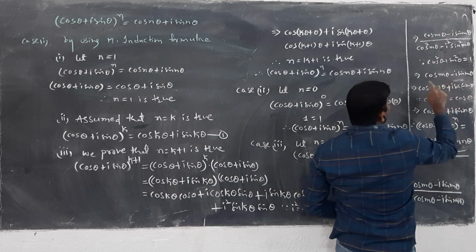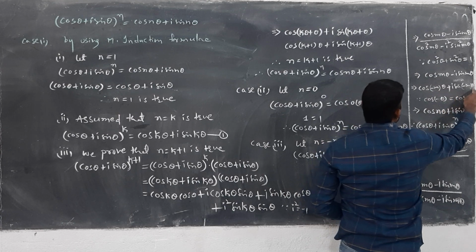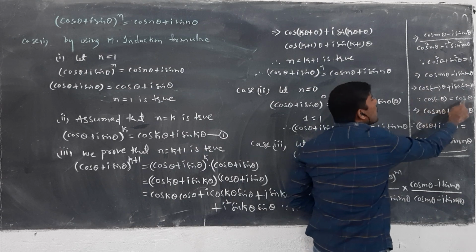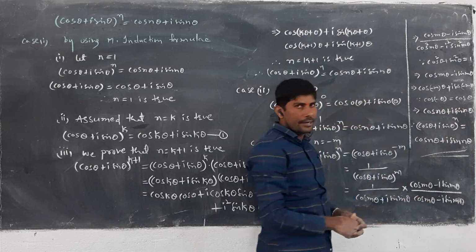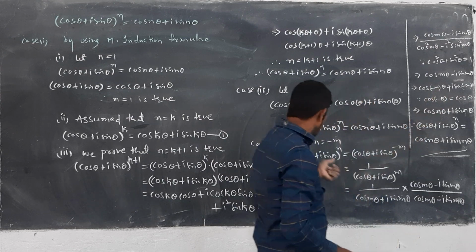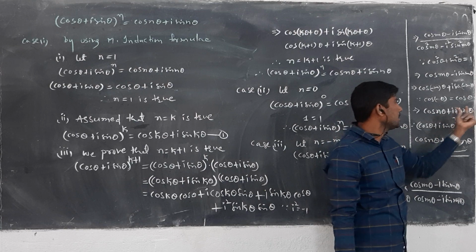Here we have to write cos of (minus m) into theta plus i sin of (minus m) into theta. Cos of minus theta is equal to cos theta, already we learned this in trigonometry. So in place of minus m we write n: cos n theta plus i sin n theta.